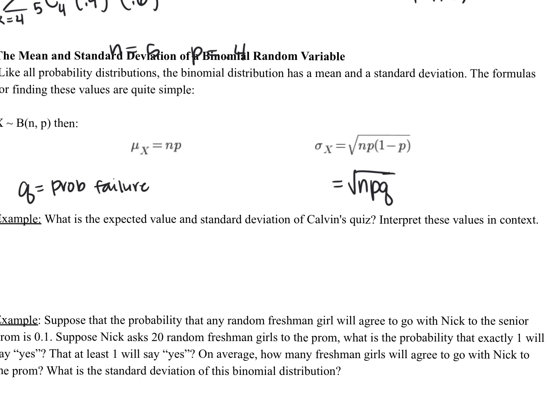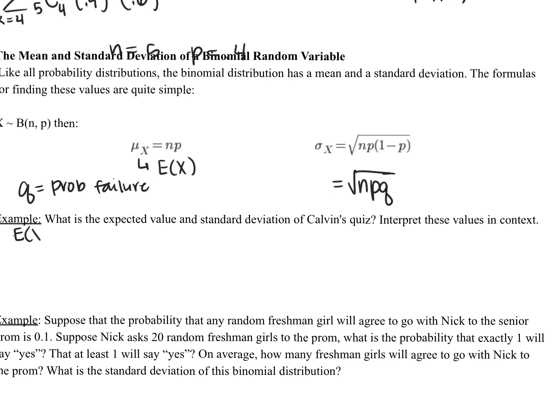So going back to the example with Calvin's quiz, we want to find our expected value, which is the same thing as mean. So remember, mean is also expected value, E of x, and his standard deviation. And then we want to interpret those in context. So let's start with his mean or his expected value.